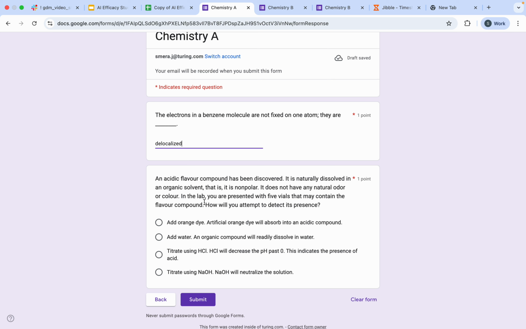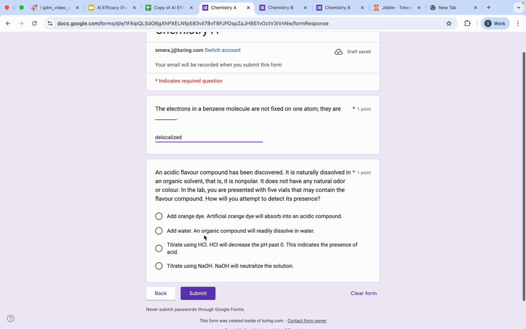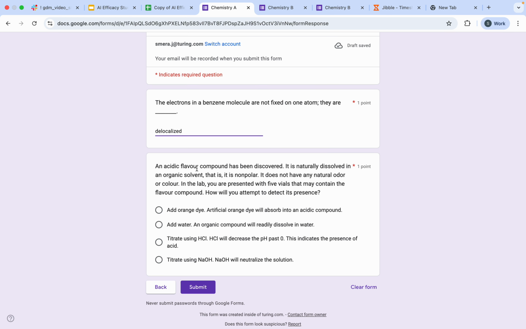In the lab you are presented with 5 vials that may contain the flavored compound. How will you attempt to detect its presence? So it is an acidic flavor, so I think I will add water, readily dissolved in the water. Yeah, so we can submit the form.